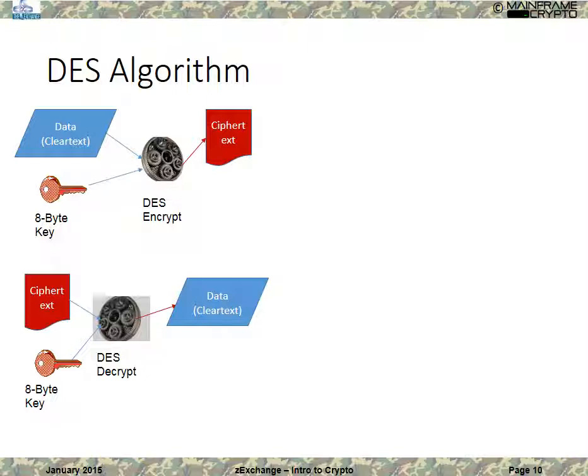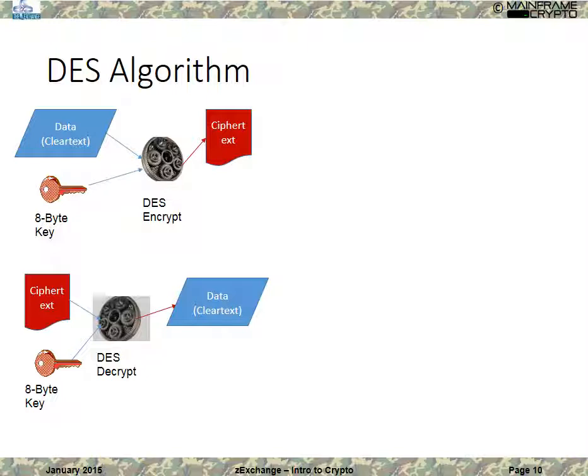So back in the 90s, the cryptographic world saw that machines were getting faster and faster, and this brute force attack was becoming more and more feasible. They started looking for alternatives and ways to make the encryption stronger. And what they came up with was triple DES.